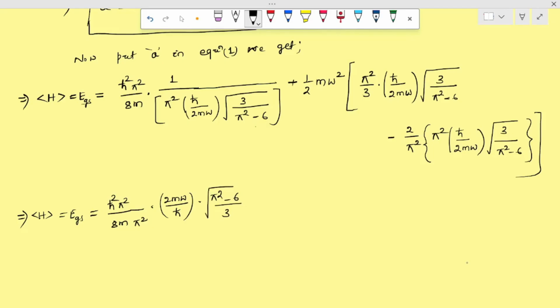Then plus half m ω² is there, do not change anything. Then this will be ħ π² by 6m ω, 3 by π² minus 6 whole root over.